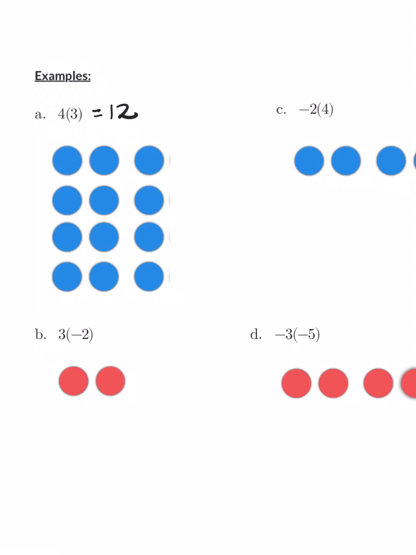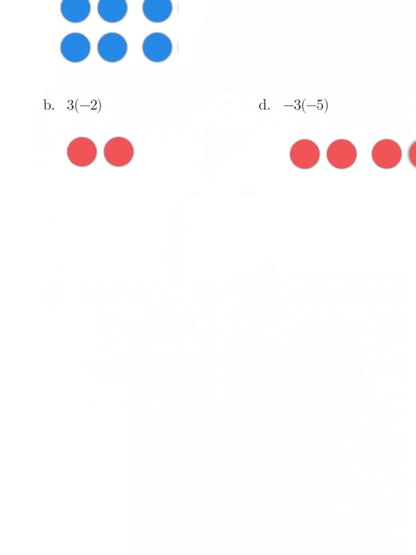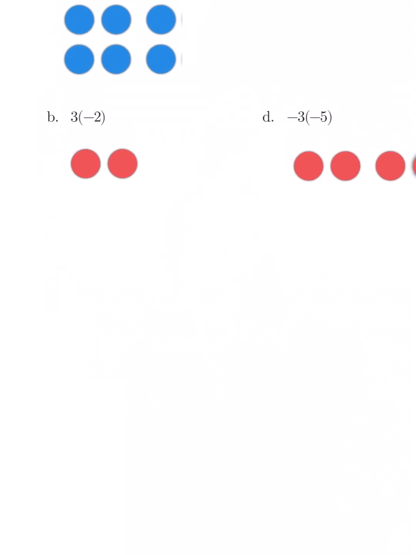Okay, let's look at another example, and we'll start getting into our negatives here. If we look at example B, we have 3 times negative 2, which means that I want 3 sets of 2 red chips.